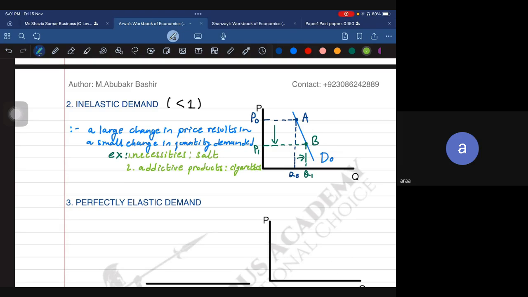Why? There are alternatives as well. I'd say for cars because it's become a necessity right now. It depends on the income as well, and on the economy of a country. If it's a developed country, like for example UAE now, a car is a necessity. It's considered something that every single person needs.